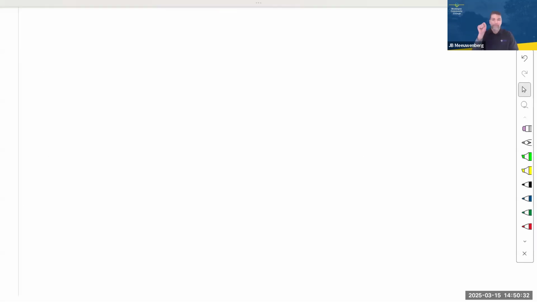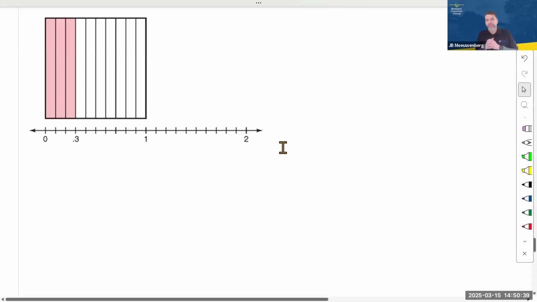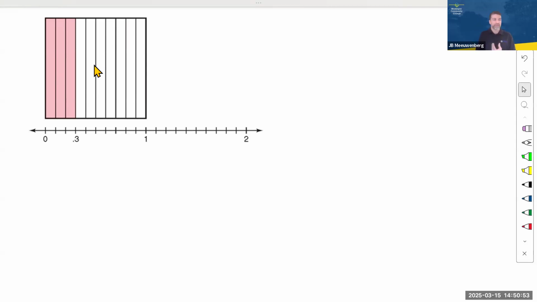Another way we can model decimals is using a number line. And in my experience, students often have a hard time with this. And so the first thing I'll do is illustrate what it looks like when you compare the decimal square to the number line. And what you'll see here is our familiar 0.3, or our 3/10 decimal square, where it's from 0 to 1 from the edge of the square to the other edge.